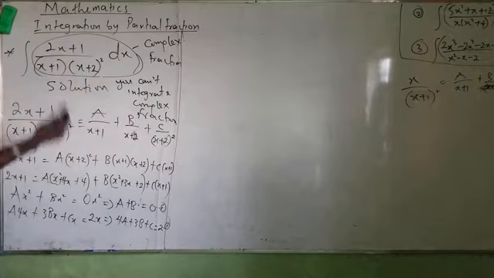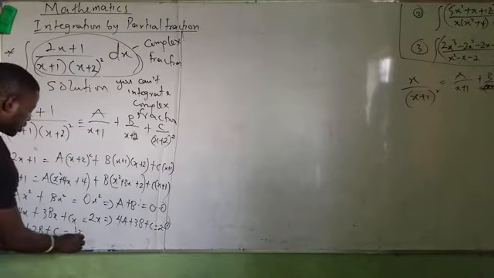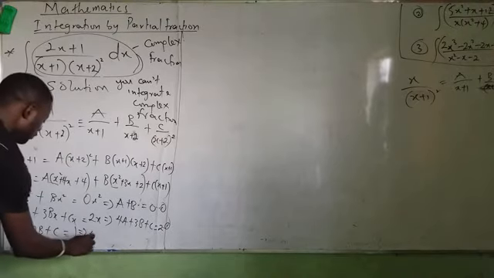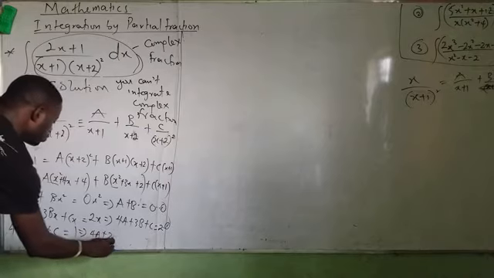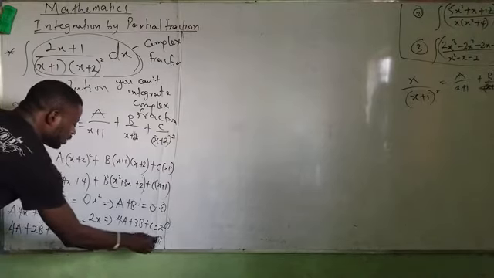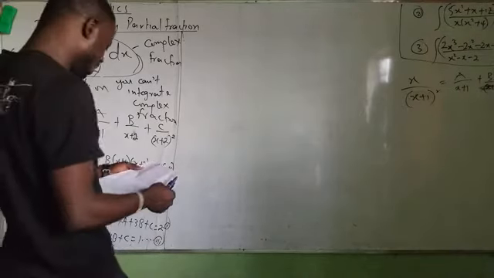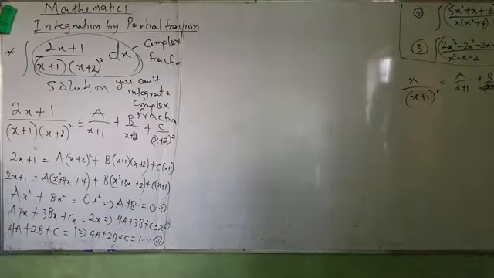And the same thing for the last one, which I'll be having 4A plus 2B plus C equals 1. Equation 3. Now, by solving this, I've derived my simultaneous equations, and I can go on any convenient method.